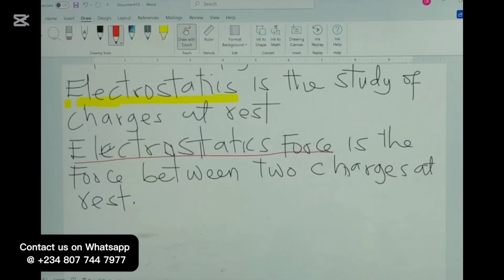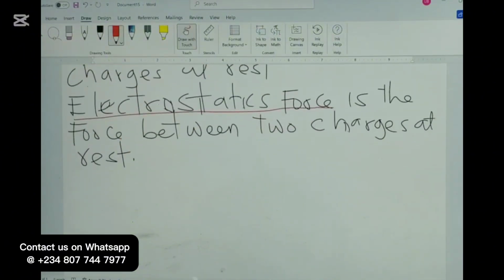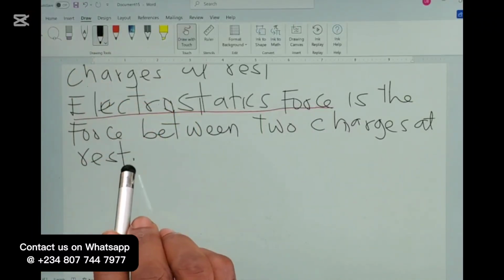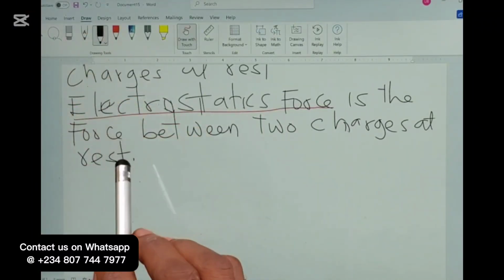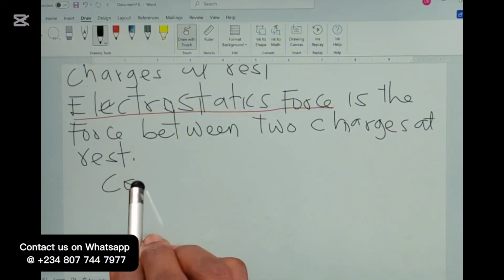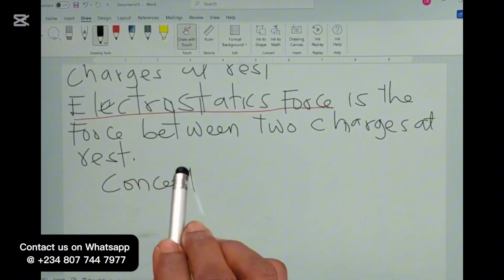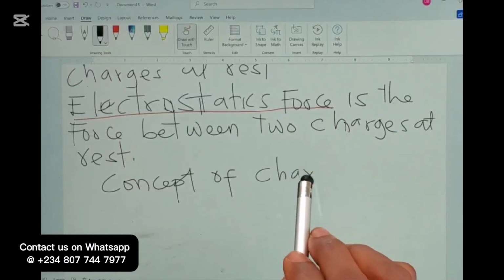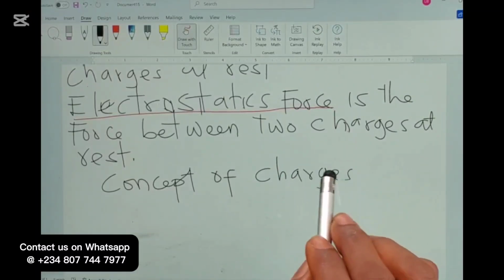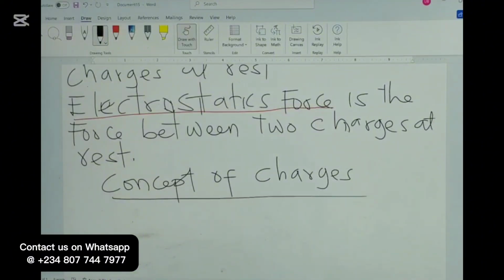So let's consider the concept of charges. Subheading please: concept of charges.